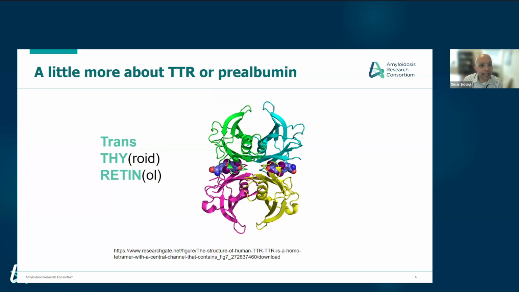It turns out that thyroid hormone is also transported by another transporter, so transthyretin is not a major player in thyroid hormone biology, but it can be important in transport of vitamin A. And so in people who are being treated with certain gene silencers, for example, we might supplement them with vitamin A so that they have enough vitamin A in their bodies.